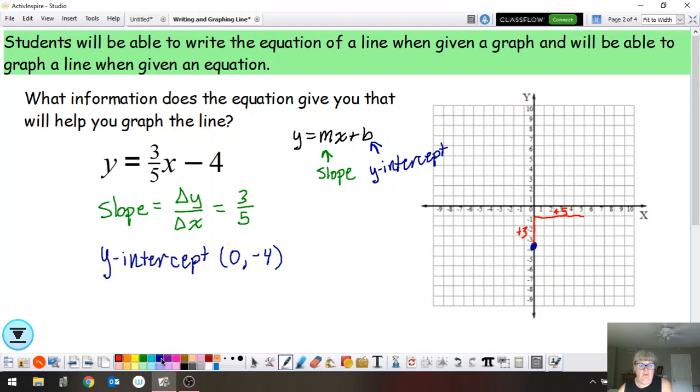I have another point at 5, negative 1. And just for accuracy, I like to do this at least one more time. Up 1, 2, 3, and to the right 5, 1, 2, 3, 4, 5. So I should have 3 points that line up that I can graph a line through.